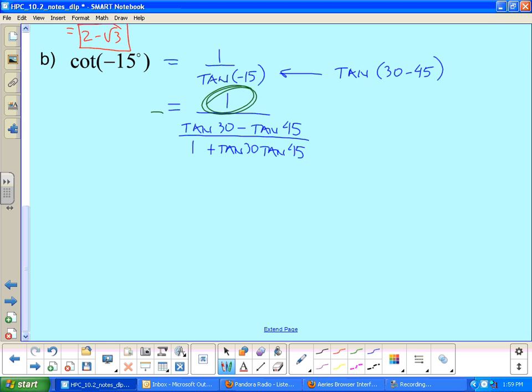So rewrite this as 1 plus the tan of 30 tan of 45, all over tan 30 minus the tan of 45. And then go from there. Then you don't have to worry about forgetting about that 1 over thing. You're already reciprocaled right there, and you're ready to roll.